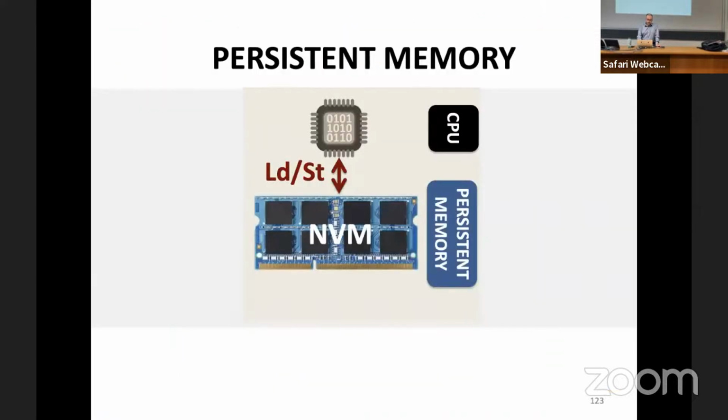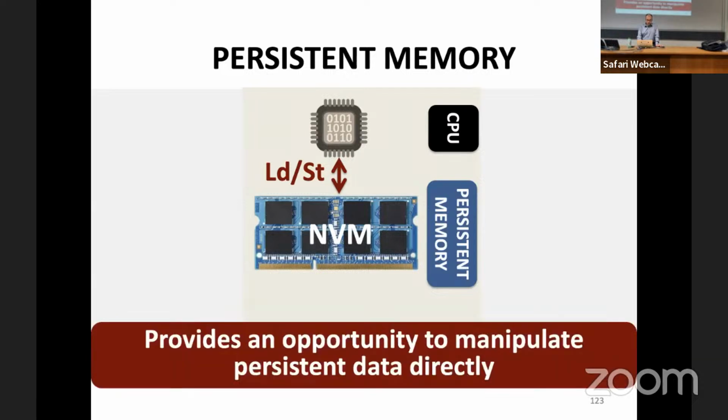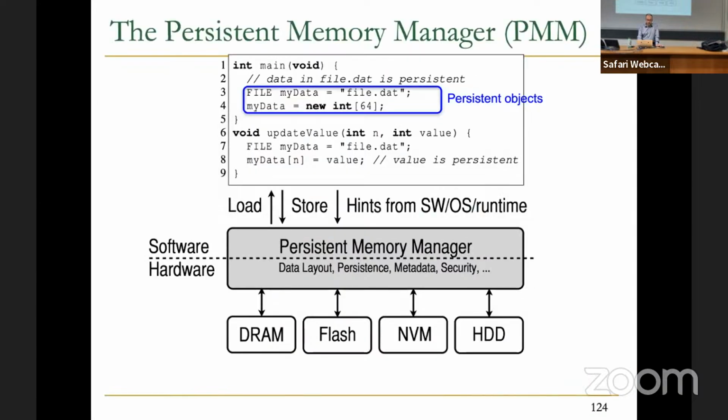With NVM, you can provide persistent memory, as we discussed, and that's the opportunity to manipulate persistent data directly in the NVM memory. So here is an example.